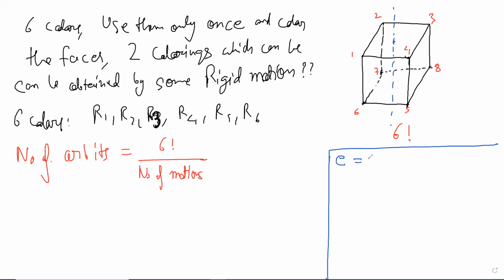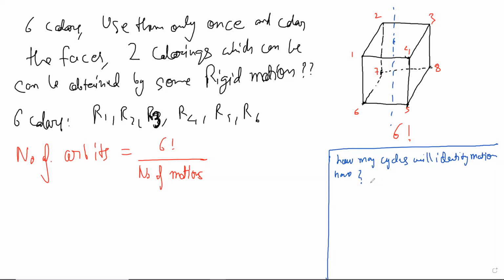How many cycles will the identity motion, meaning the do-nothing motion, have? And how many of each kind? That will not be very useful for us, but we can still say.